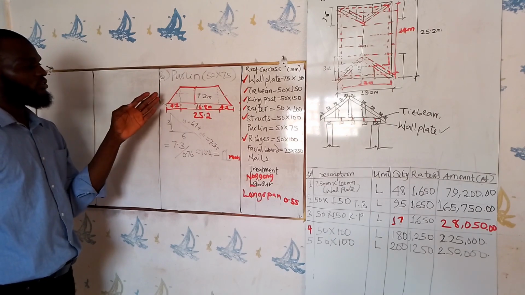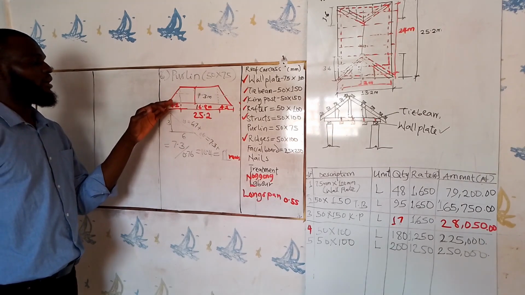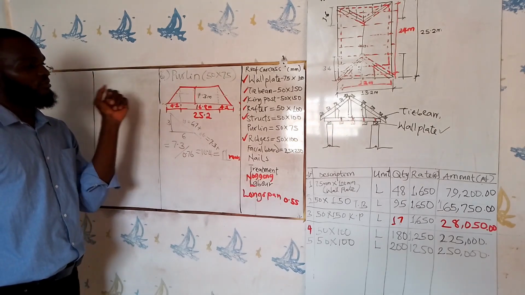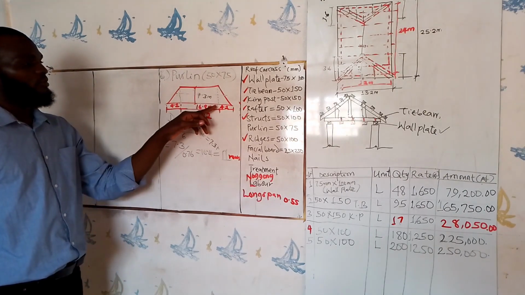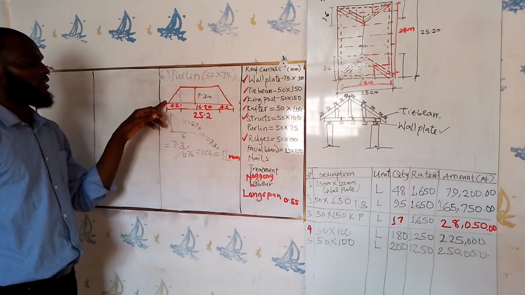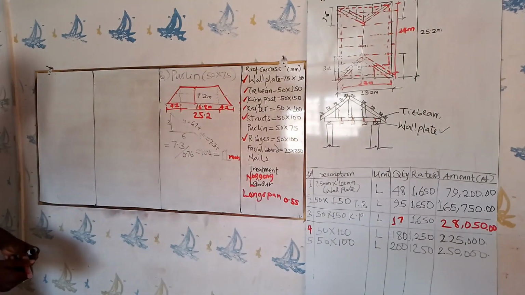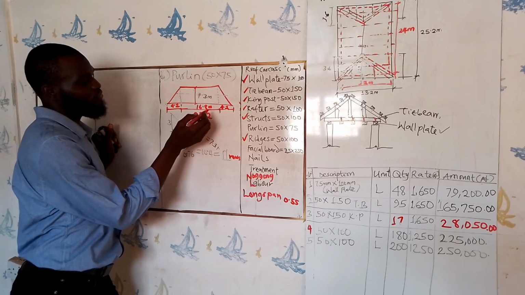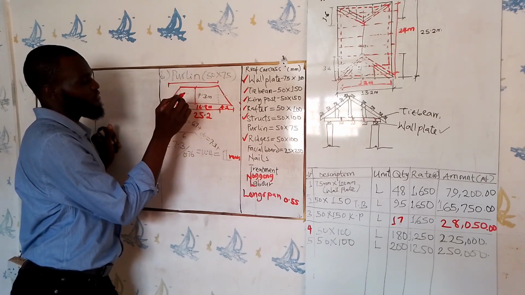The second option is to calculate it together, just deducting a certain percentage from this, from this place to this place, because this will cover up for here. Yes, that is workable. But in that case, that will now be 25.2 minus 4.2, so the dimension from here to here will be 21 meters.